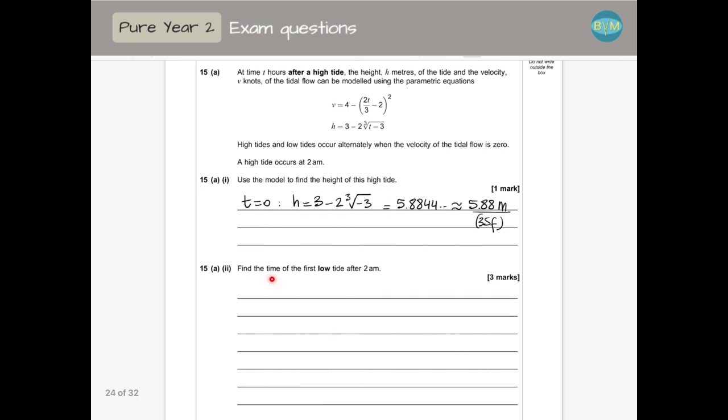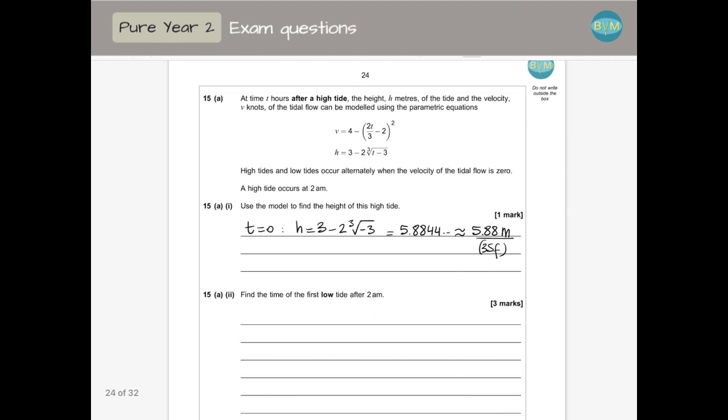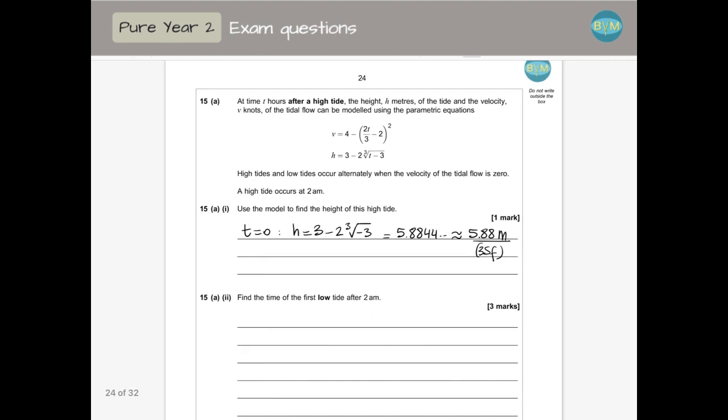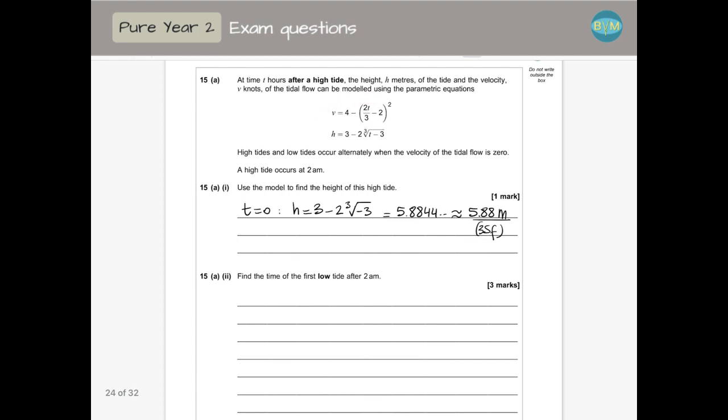Then they say, find the time of the first low tide after 2 a.m. We know the velocity is 0 for the high tide and low tide. So we are going to make velocity equal 0.